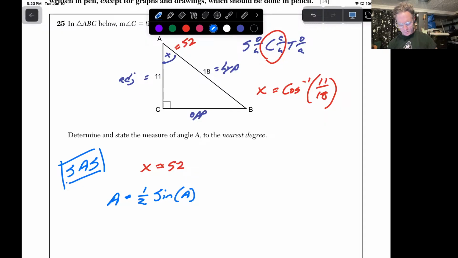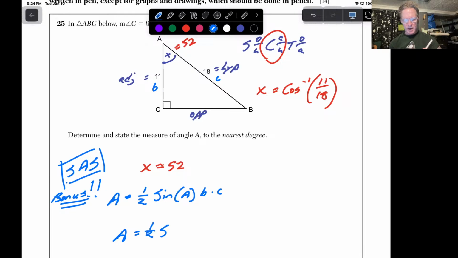This is bonus material. Times B times C. And remember, the lowercase letter would be opposite the uppercase side. So this would be B and this would be C. So I would plug that into my calculator. So area would be 1/2 sine of 52 times 11 times 18.